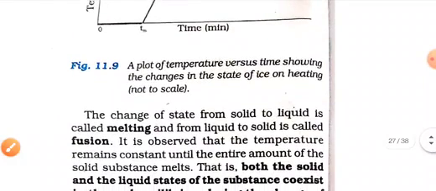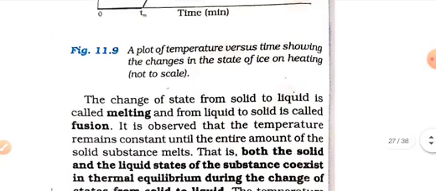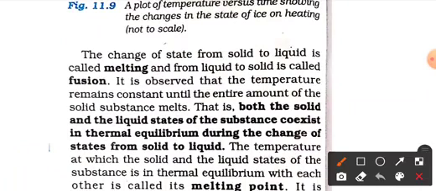It is observed that the temperature remains constant until the entire amount of solid substance melts. The temperature will remain the same, 0 degree Celsius, until the complete solid is converted into the liquid. That is, both the solid and the liquid states of the substance coexist in thermal equilibrium during the change of state from solid to liquid.